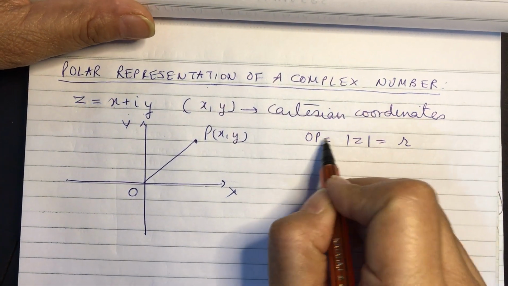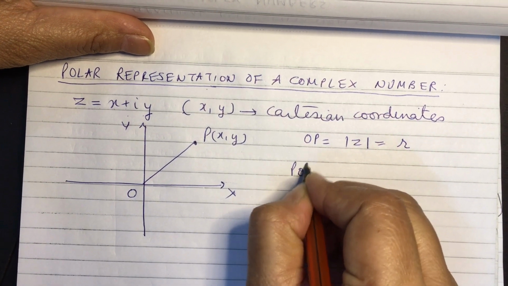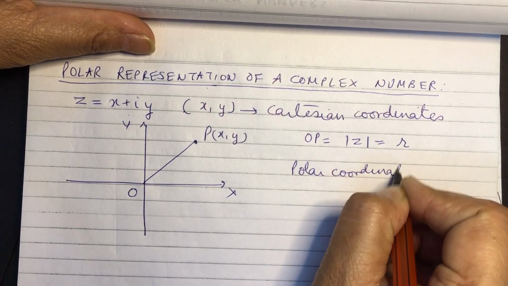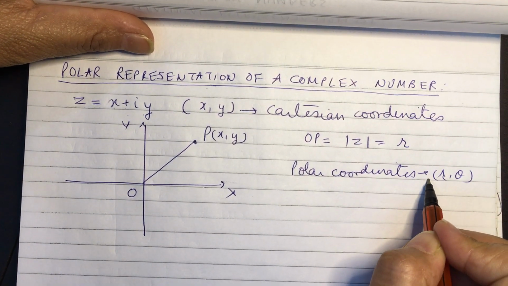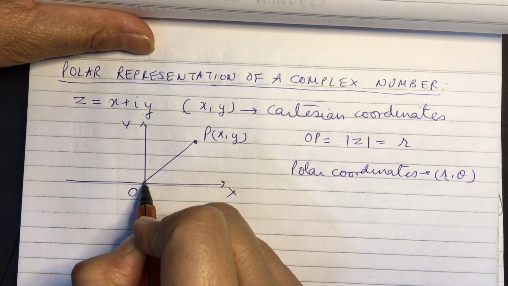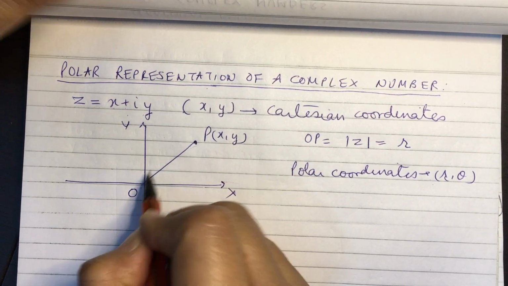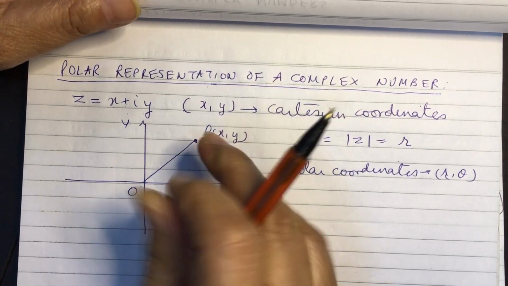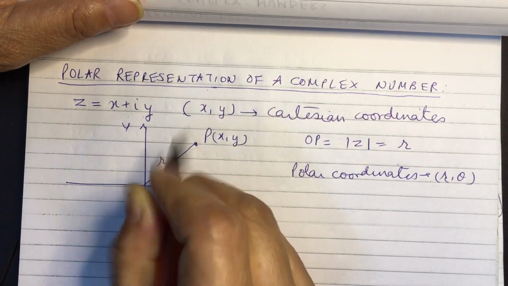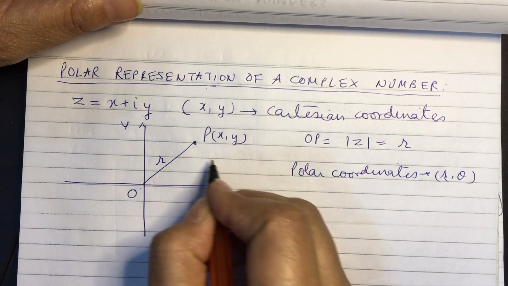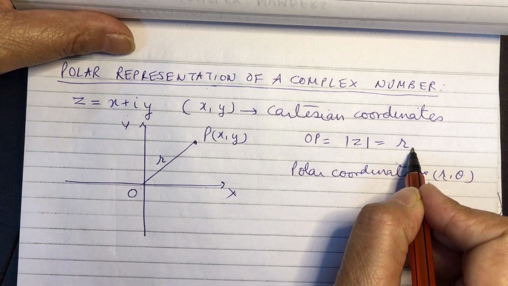So, polar coordinates are r comma theta, where r is the radial distance of the point from the origin. That is, if you join the point to the origin, this distance OP is denoted by r. But as we have already seen, OP is nothing but the modulus of the complex number, and so OP is equal to mod z is equal to r.